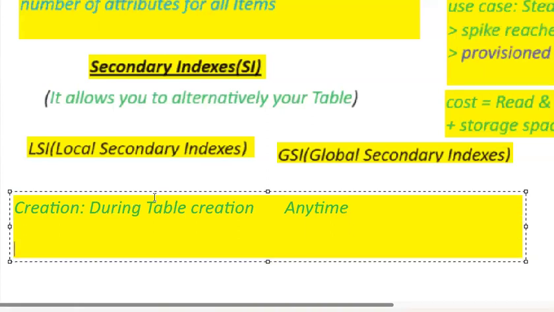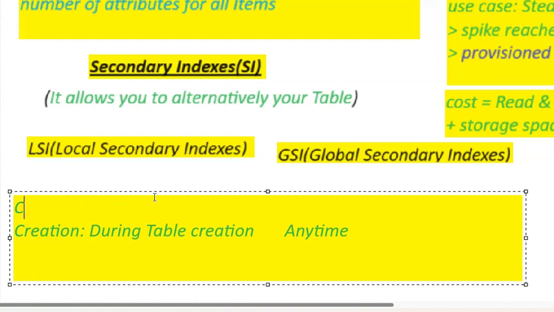So what does a local secondary index contain? What is this local secondary index? It's nothing but an alternative sort key.